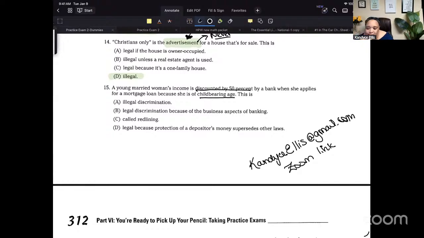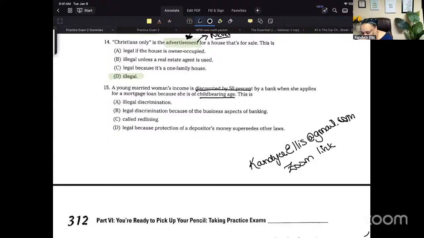I didn't say that. Y'all didn't hear that. But either way, is it A, legal discrimination, B, legal discrimination because of the business aspects of banking, C, called redlining, or D, legal because protection of a depositor's money supersedes other laws?